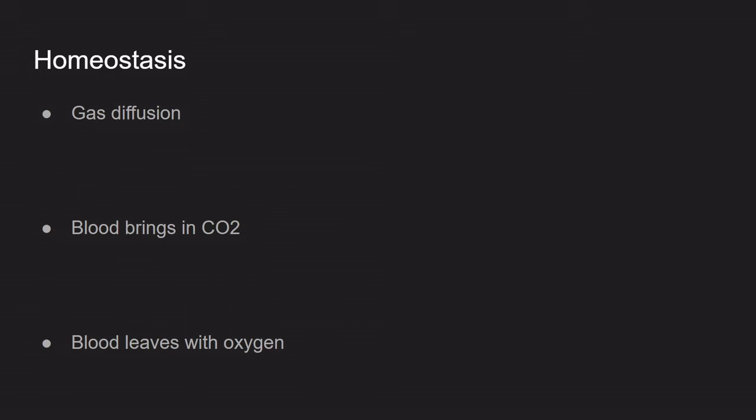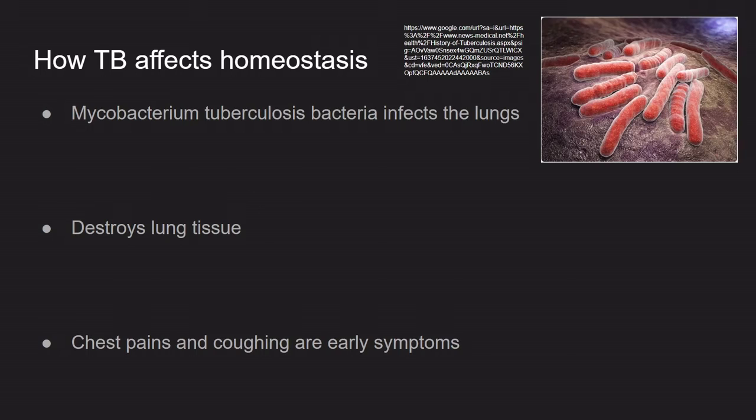But without further ado, let's move on to how TB affects homeostasis. Tuberculosis, or TB, as I previously stated, is a bacterial infection, and the picture on the right is what tuberculosis looks like on a microscopic level.